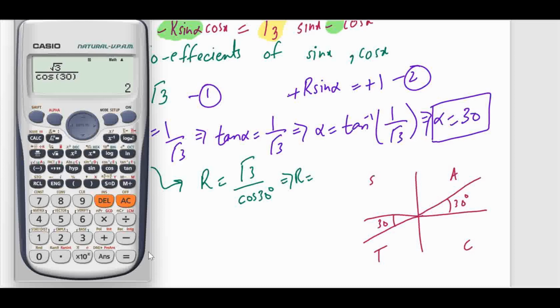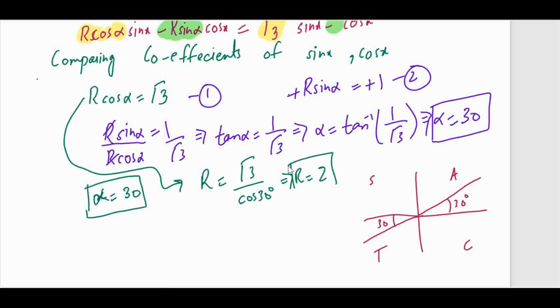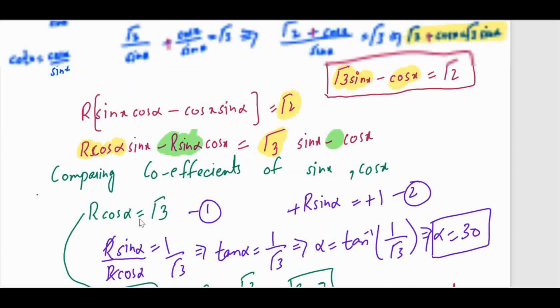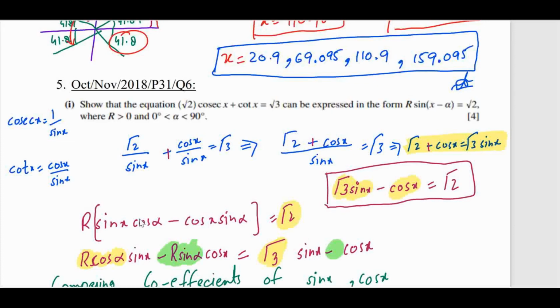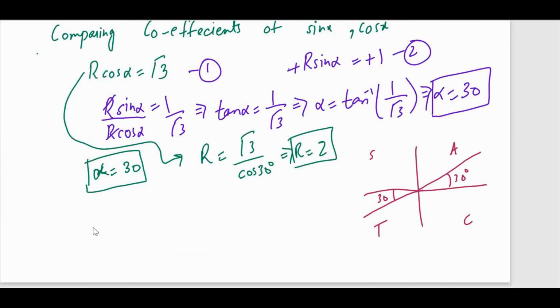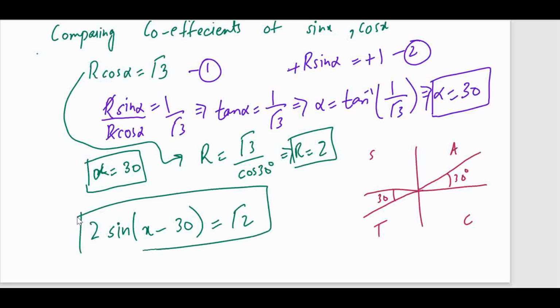This will be equals to 2. So r will be equals to 2. So we can write the expression in the form 2 sine of x minus 30 is equals to square root of 2. So this will be the final answer.